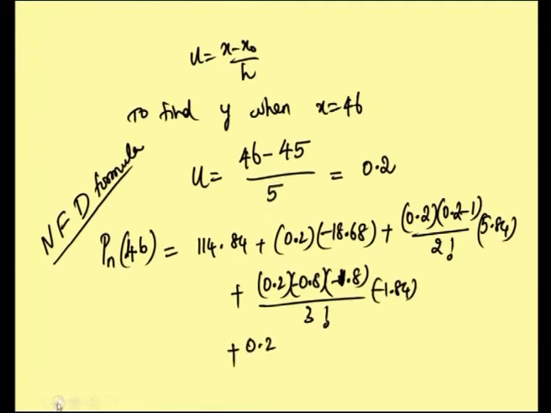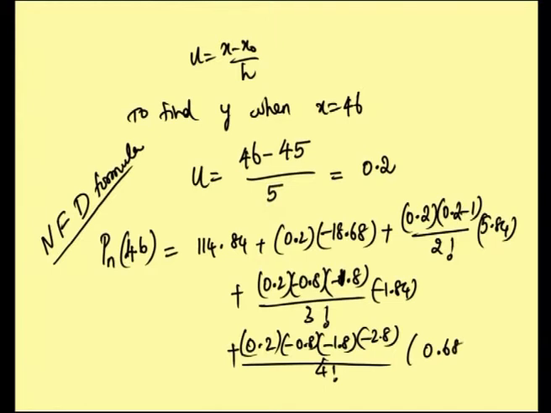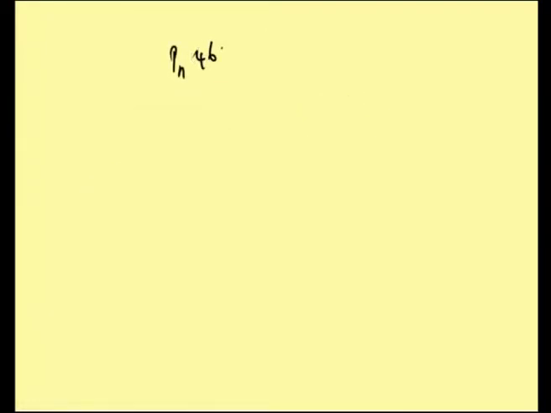plus 0.2 into minus 0.8 into minus 1.8 into minus 2.8 divided by 4 factorial into 0.68. And this value after calculation comes to be equal to 110.526.